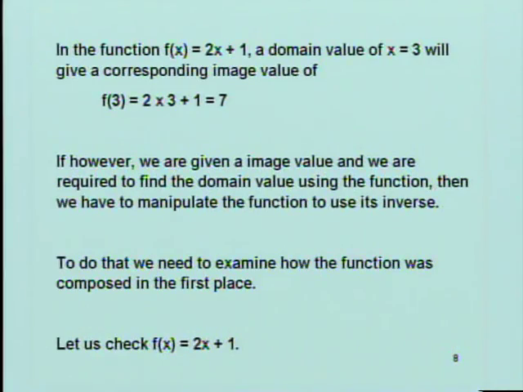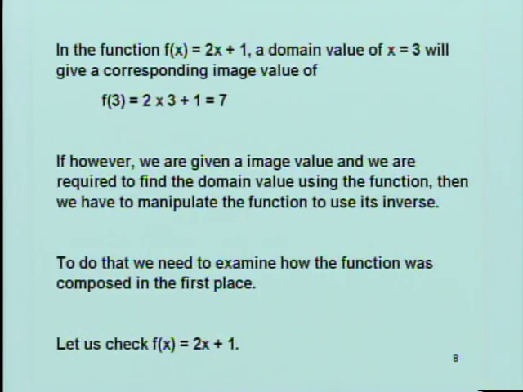If, however, we are given an image value and we are required to find the domain value using the function, then we have to manipulate the function to use its inverse. That's the reverse order. To do that, we need to examine how the function was composed in the first place.